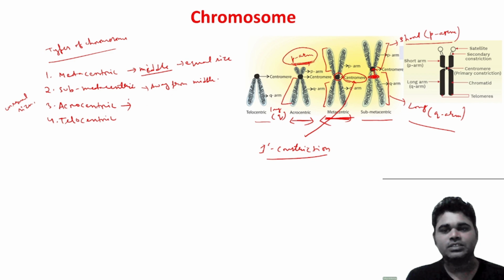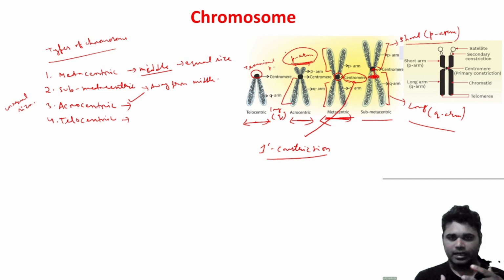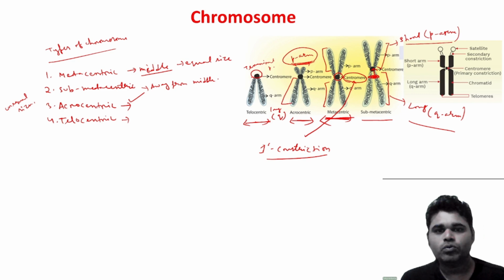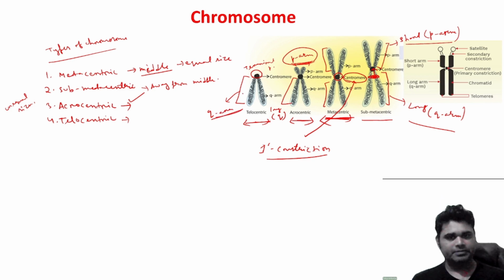Another is the telocentric. Telocentric means the centromere is located exactly at the terminal part. After the centromere moves to the terminal part, only one arm is formed, and this arm is called the Q arm, because it is already very long.